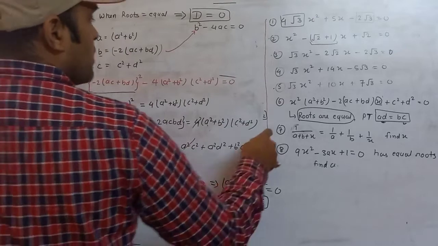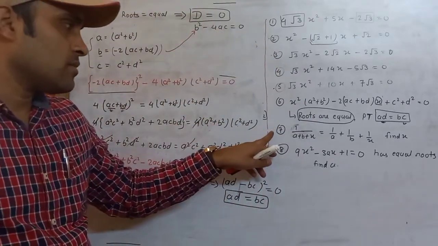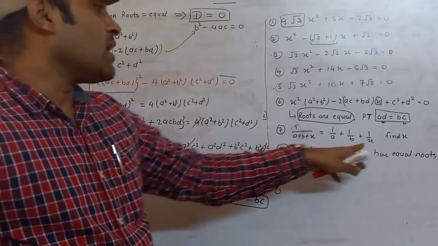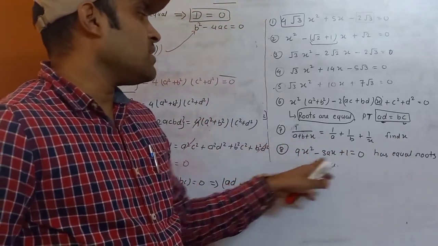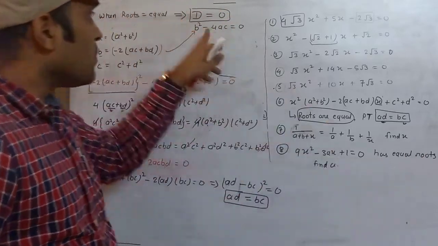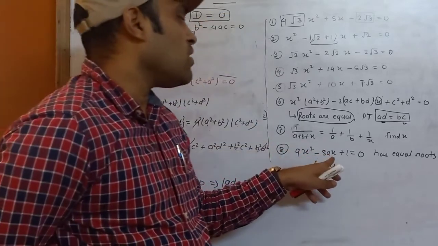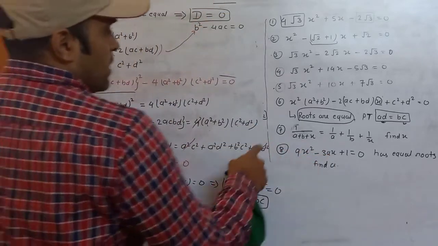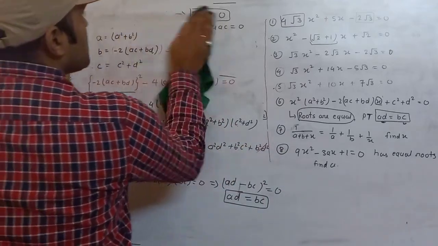Similarly, we can solve question number 7, where we have to calculate the x value, and question number 8, which has equal roots. Find A. Equal roots means we apply the discriminant value 0, so we can get the value of A. And question number 7, I will solve it now.